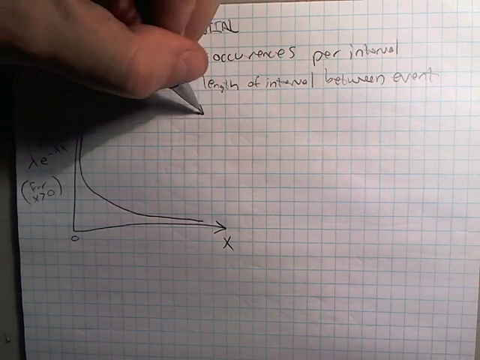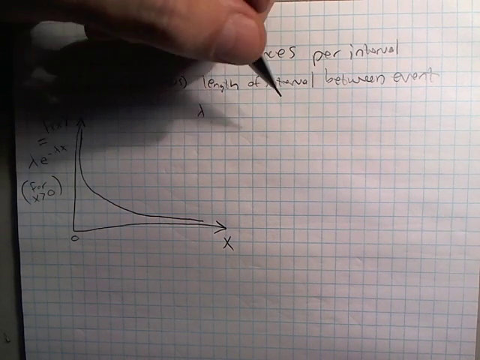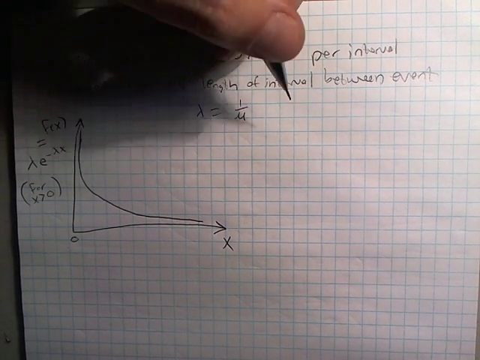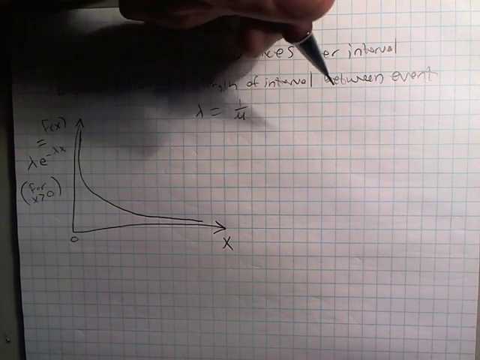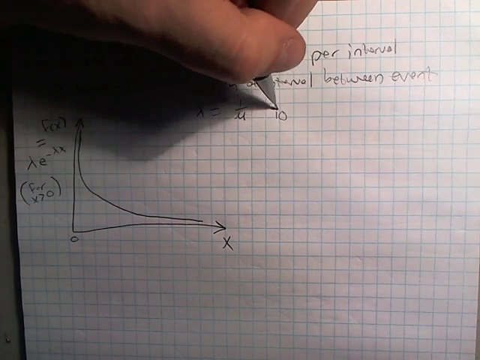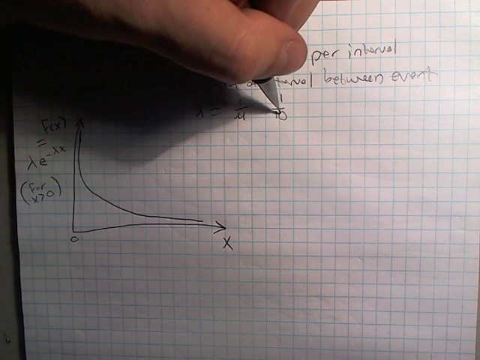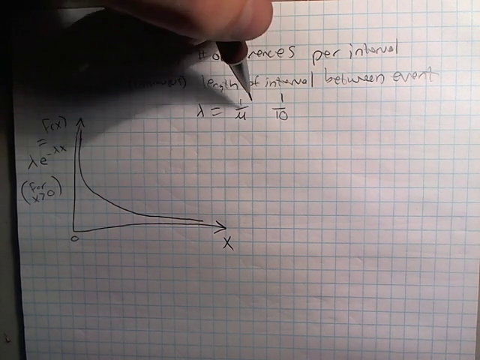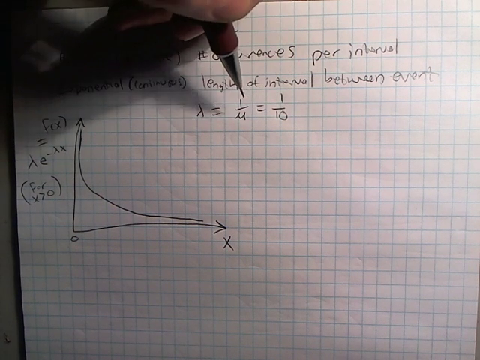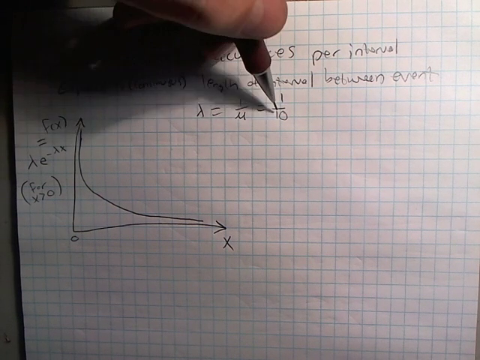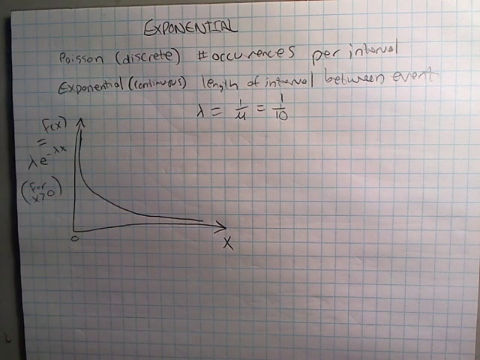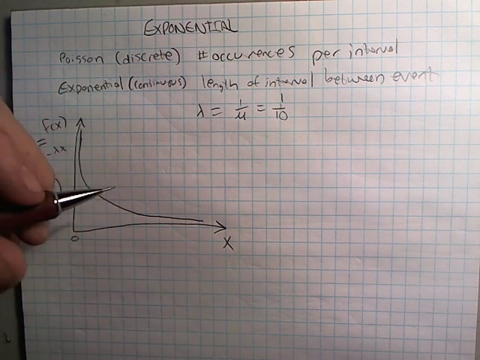The lambda is going to be the reciprocal of the mean. So in my example, the lambda is equal to 1 over the Poisson mean, and that Poisson mean is 10 trucks arriving per 1 hour. Reciprocating that gives me 1/10. So my lambda in that example would be 1/10. We'll look at a sample problem and explain some more about that.